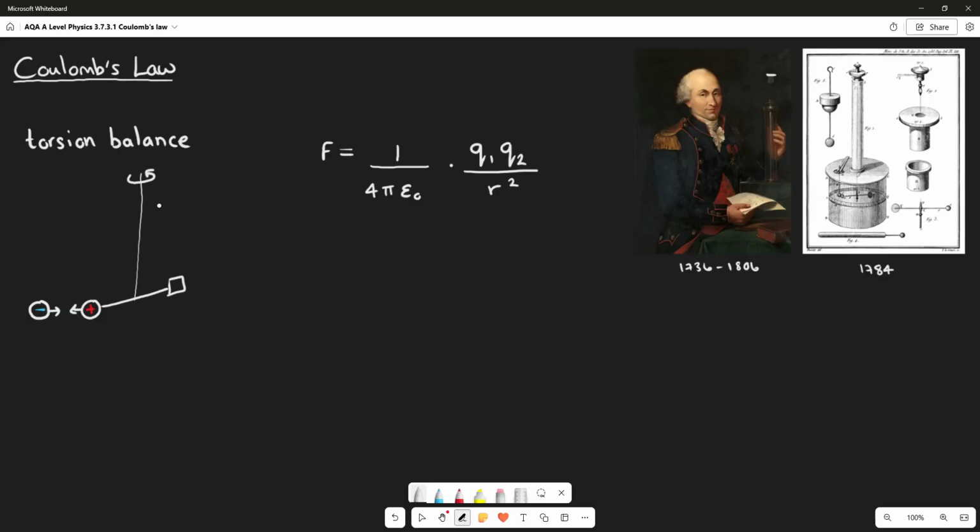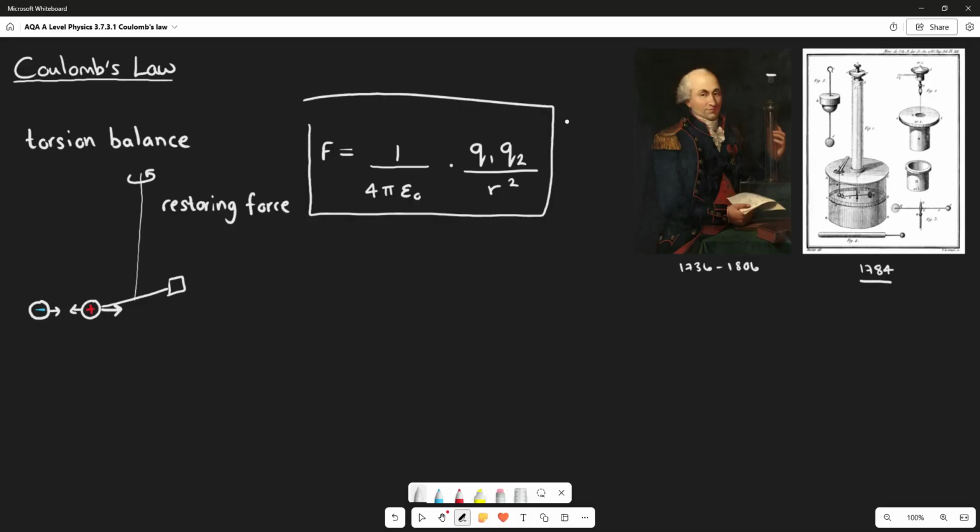The twist that you are applying to the wire can be measured. It was found that this twist that needed to be applied to bring everything back into balance again was proportional to the size of this charge. This twist was providing a restoring force, a force to bring things back to equilibrium. He invented this torsion balance in 1784 and published Coulomb's law the following year.